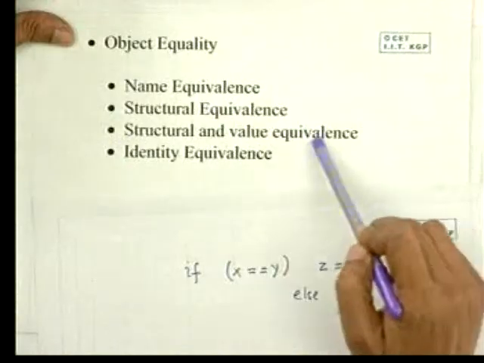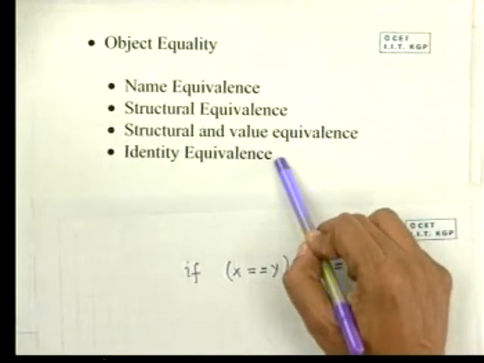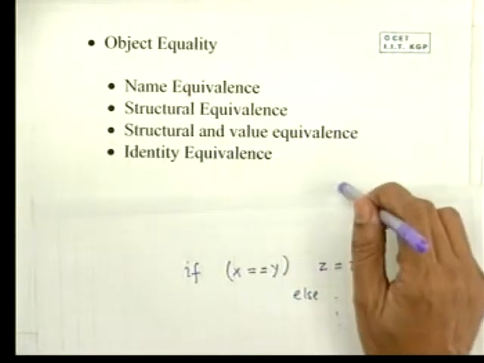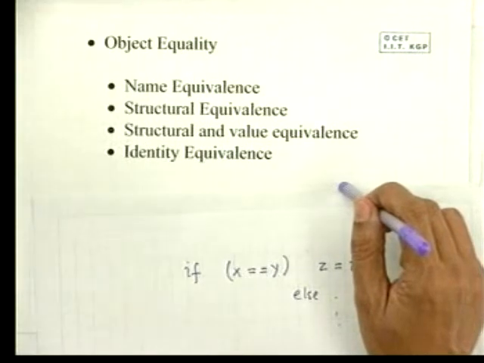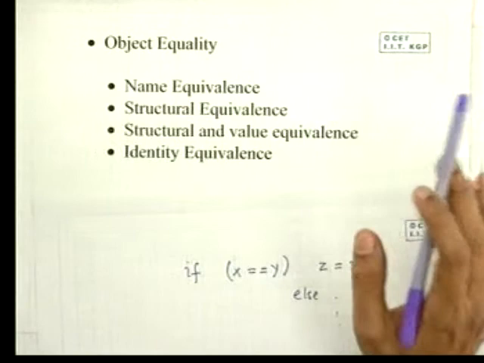So in many object-oriented systems, the different concepts of equivalence or equality of objects are supported. The most stringent one is, of course, identity equivalence, as we have seen in an object-oriented database environment. Each object will have a unique object ID, and therefore, when these two are the same, they will naturally be treated as equivalent or identical.